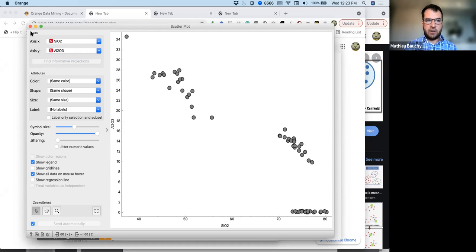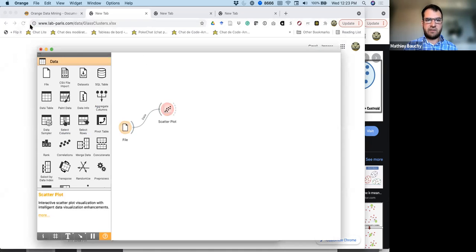Okay, so what I would like you to do is to consider this data set and do a k-means algorithm analysis to group them into clusters, and to tell me how many clusters you think best describe this data set. And then maybe at the end, you can tell me what you think those 3 groups of glasses correspond to.